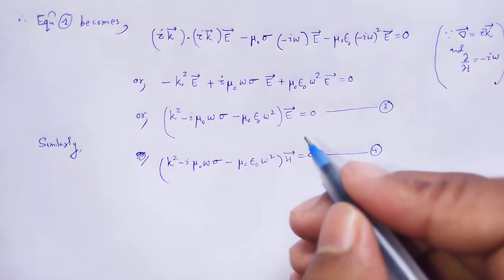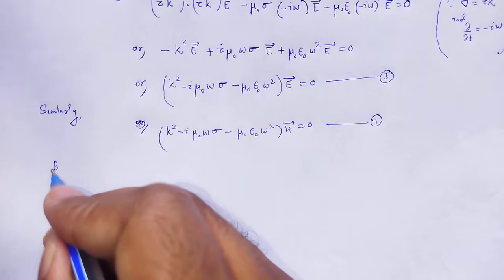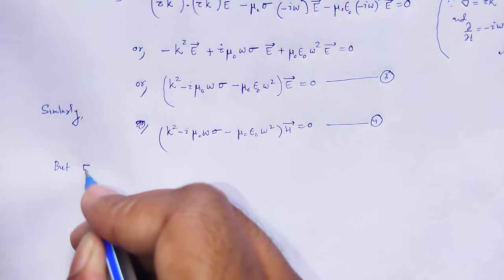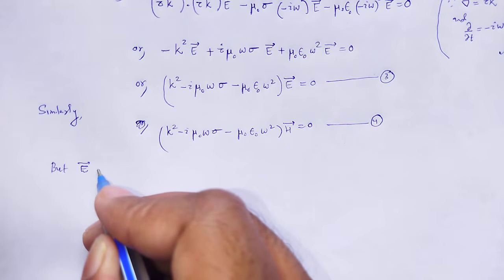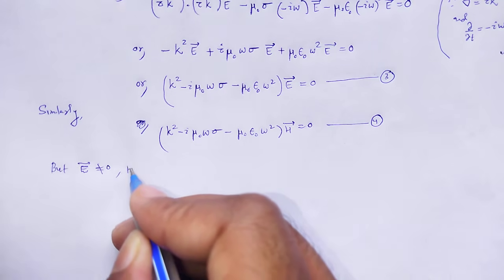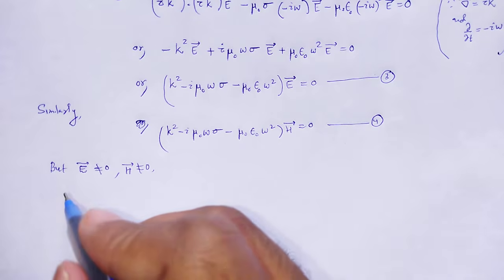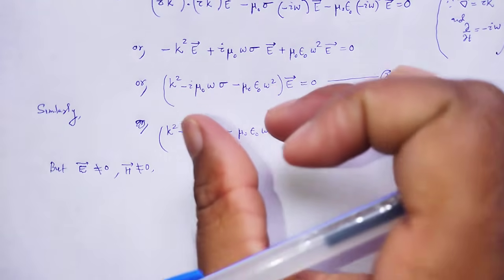Equation number 4. As we say, E vector is not equal to 0, H vector also not equal to 0, then that bracket term must be 0.